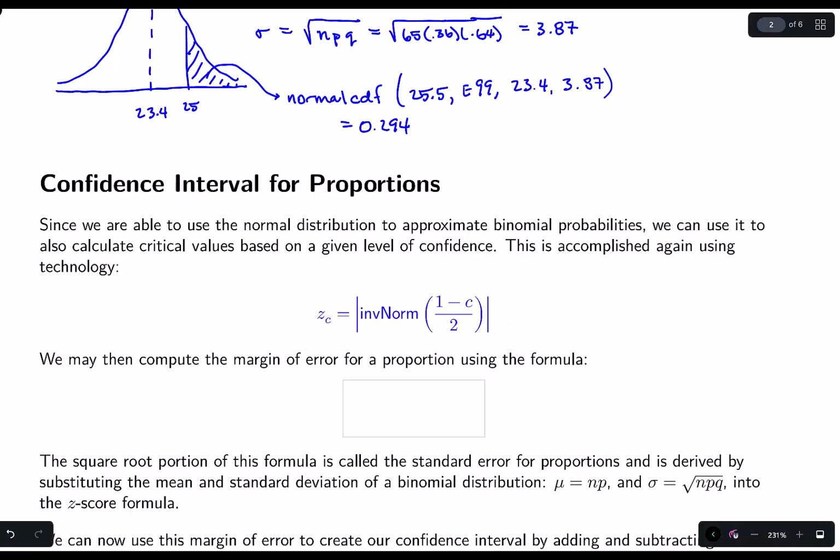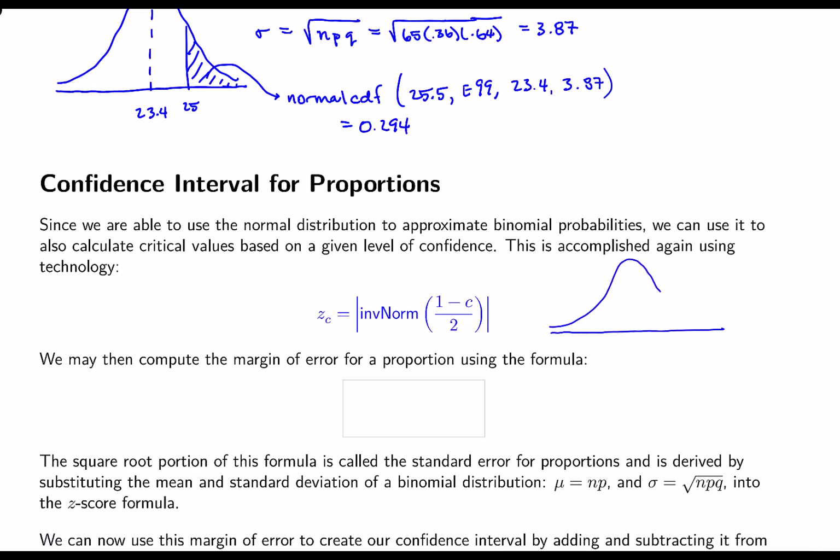We will declare some level of confidence, C, and then we'll balance that about the mean. Well, I guess we would balance it about the center, which would be a proportion now, but it'll be balanced. And then that's where the 1 minus C divided by 2 comes in. That gives you the area in the lower end of the distribution. So same thing it was doing before. So we know our distribution can be approximated with the normal.